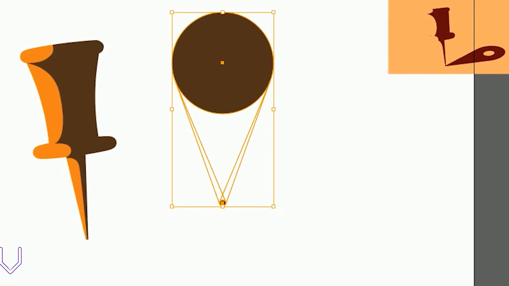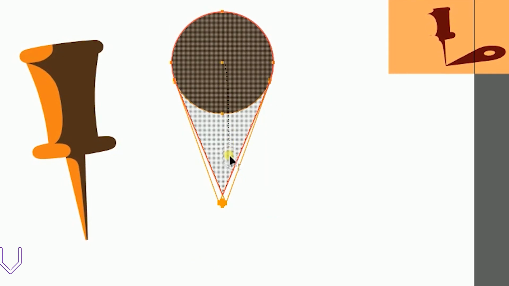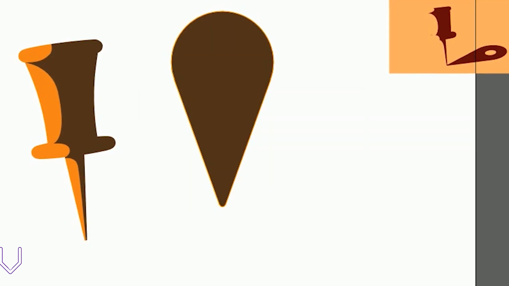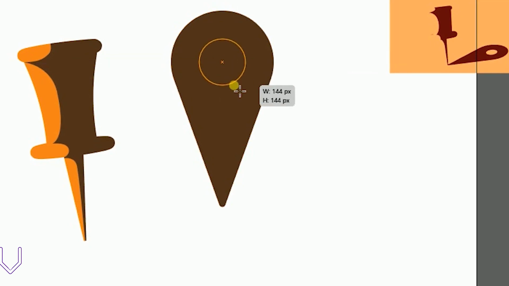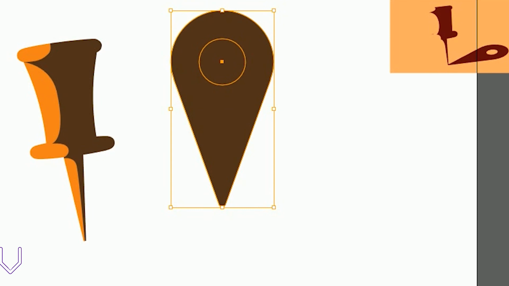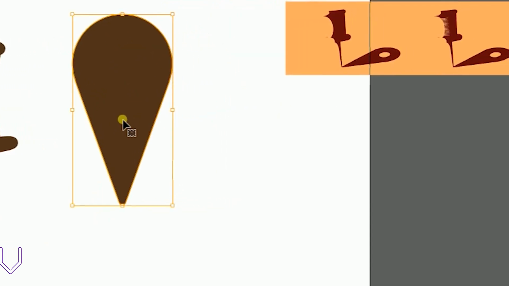Then select them all, drawing a marquee, and grab the Shape Builder tool. Create the shape. Grab the Ellipse tool and create an ellipse here. Bam! We have these two shapes. Go to the Pathfinder again, and this time minus front.